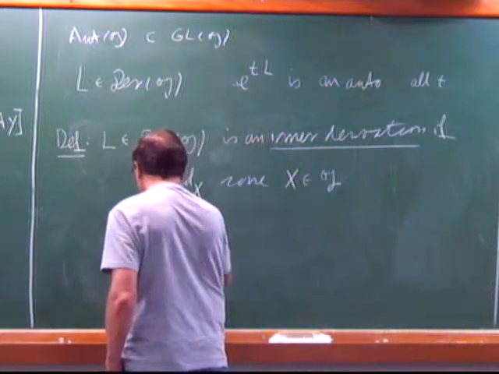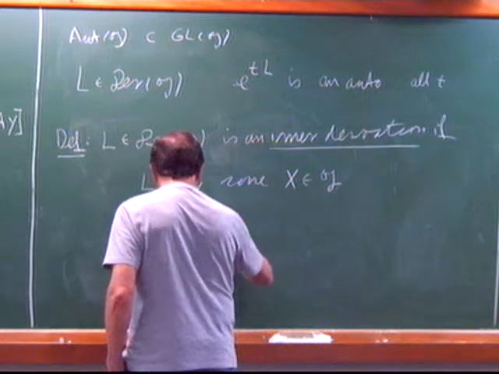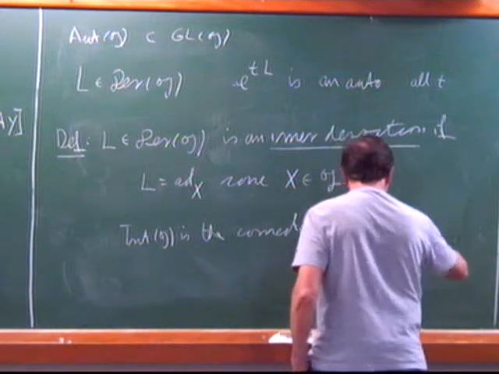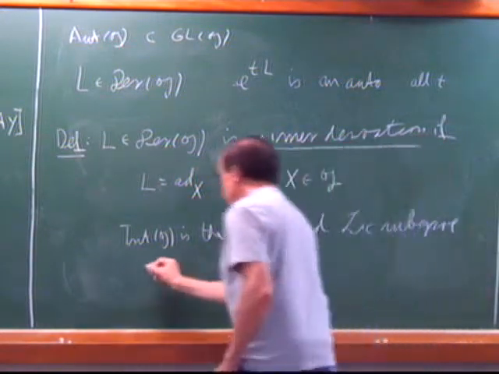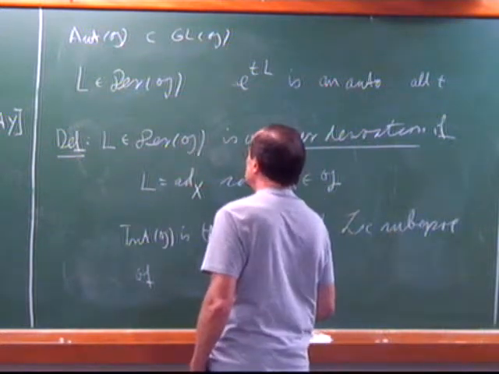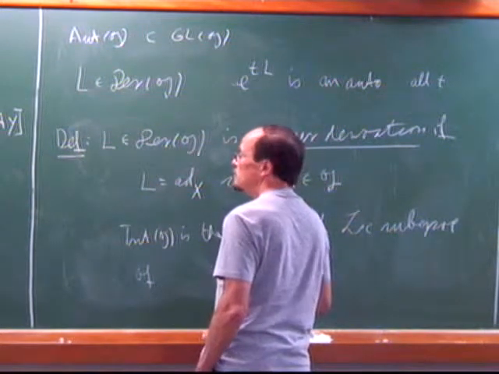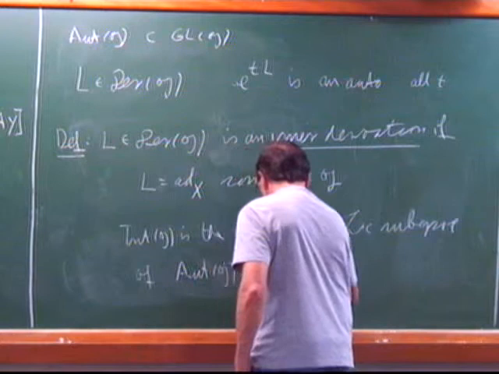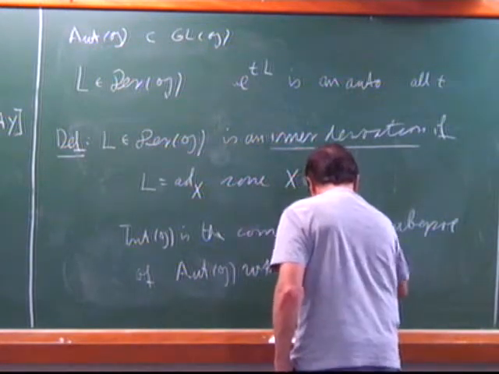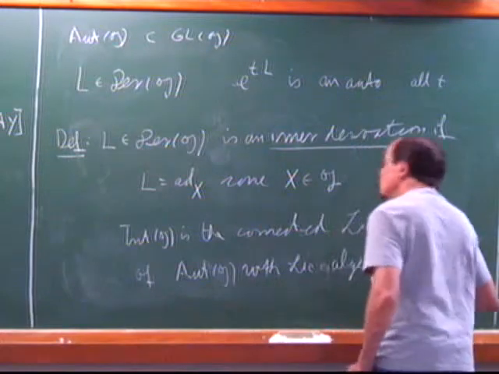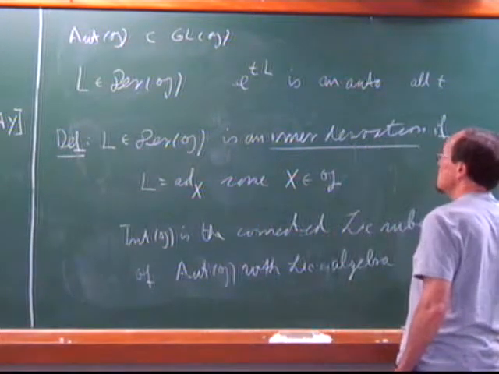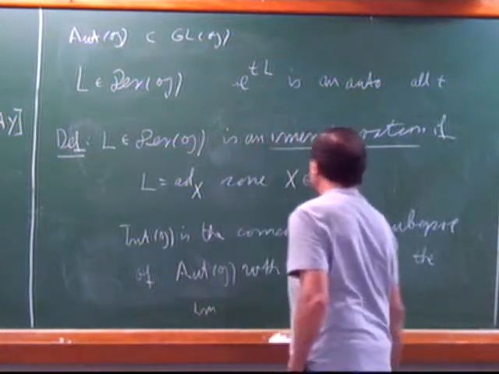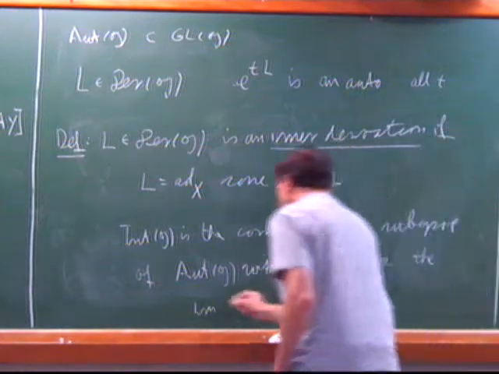Inner G is the connected Lie subgroup of Aut G with Lie algebra the inner derivations.